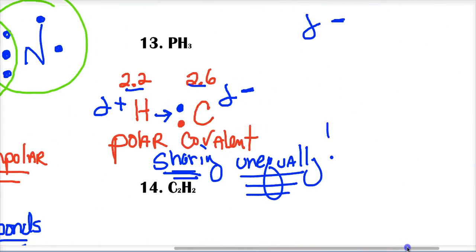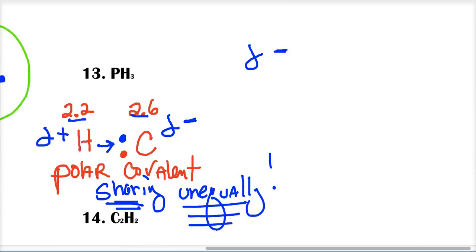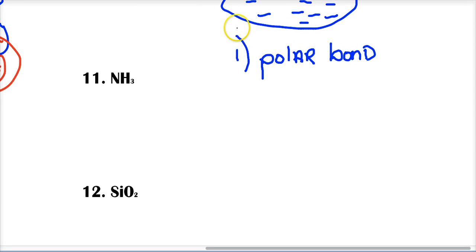There's another thing. If you have a polar bond, that's great. But we also have to consider whether the molecule is the same all around. So to be a polar molecule, it has to be different all around.